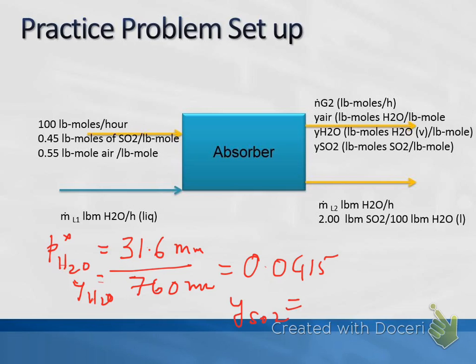What is that value? 176 mm, and divided by 760 will give you, what's that? 0.232.